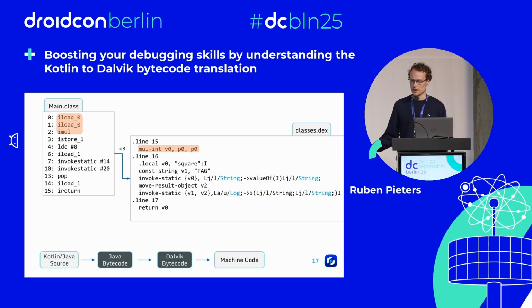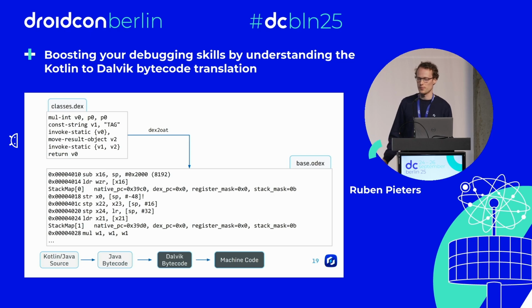But in this case, it's a static method, so we just have the integer input. We take this multiplication of the integers and put it into V0. And this Dex bytecode is something that can be interpreted by your device.